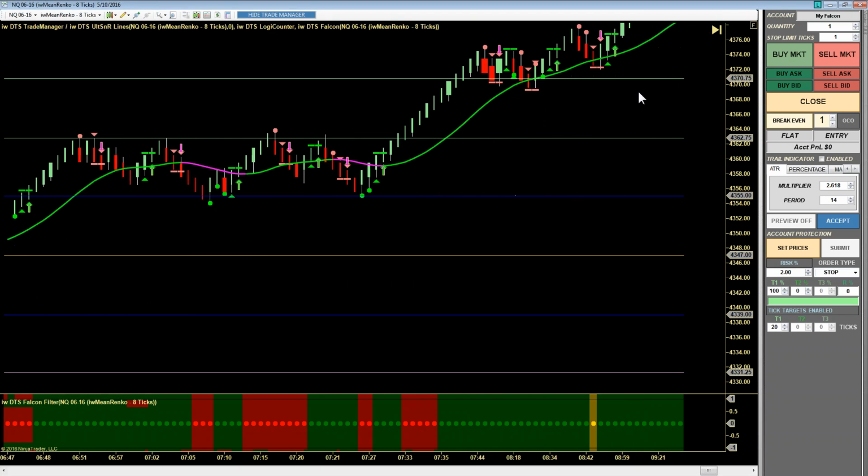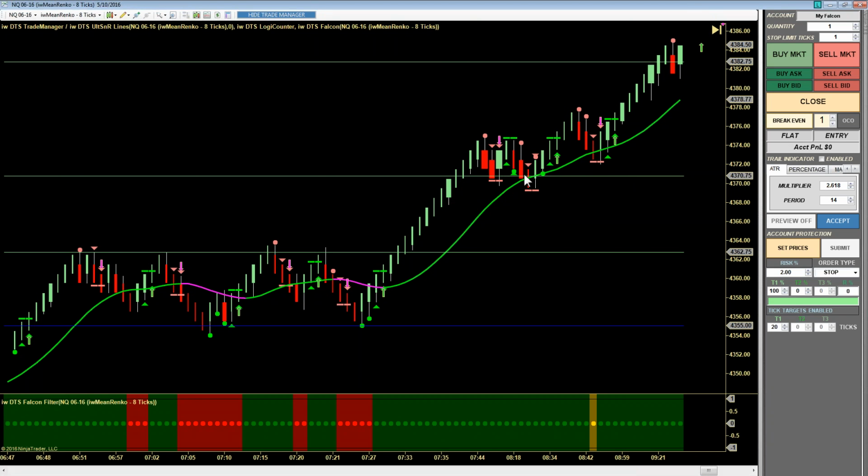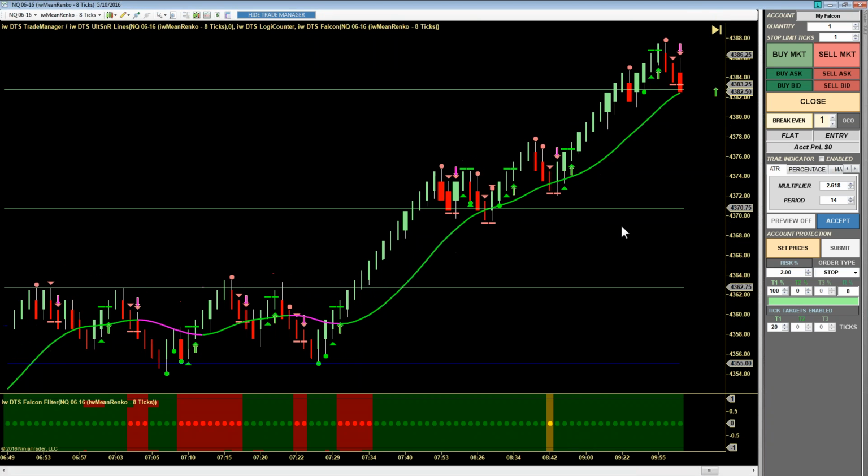And then we broke higher and just kept on going from one resistance level to the next.